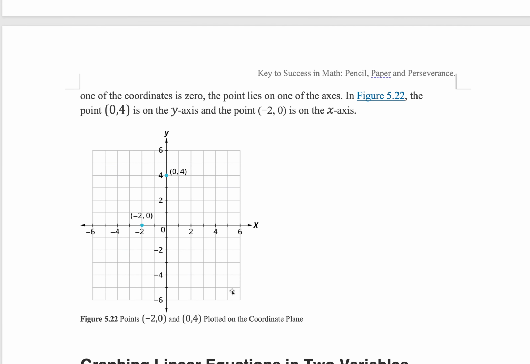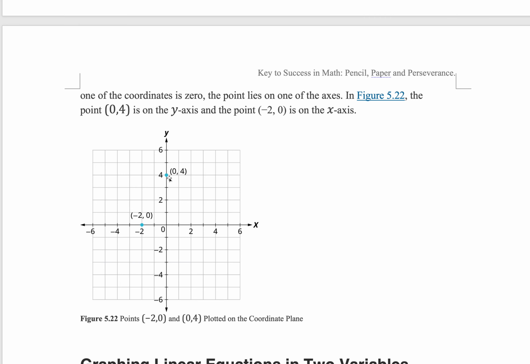Sometimes we may have some special ordered pairs, where one of the coordinates is 0. Like the point 0 and 4: the x coordinate is 0, which simply means it has to be a point on the y-axis, and the y coordinate is 4.